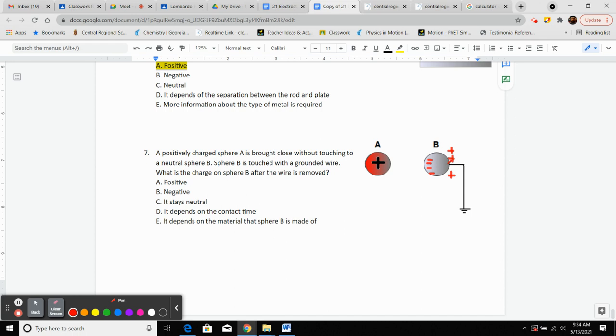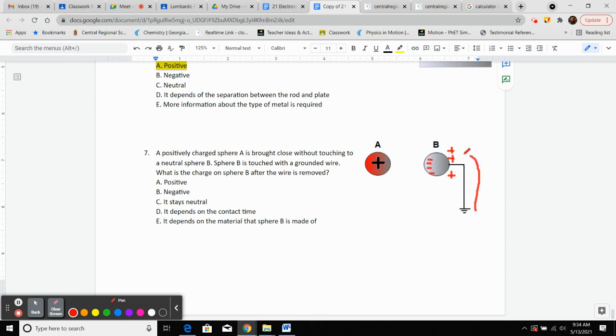So now they add the grounding wire. The grounding wire is attached to which side? The positive end or the negative end? The positive. So the grounding wire is like, wait a minute, my job is to try and make sure this spot is neutral, or the thing is neutral. And if this side is a bunch of positive, how could I neutralize it? By adding what?